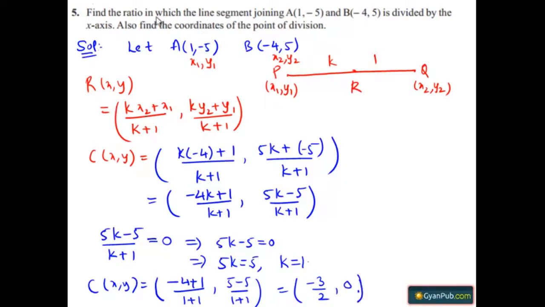Therefore, the ratio in which the line segment joining A(1, -5) and B(-4, 5) is divided by the x-axis is 1:1 and the coordinates of the point of division are (-3/2, 0).